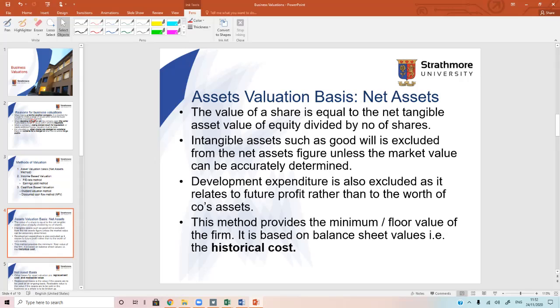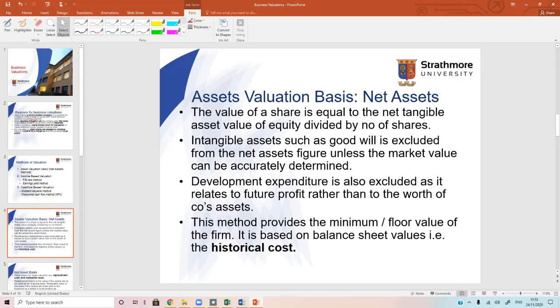Anyway, as I was saying, some intangibles can have market value on their own, for example patents and copyrights. If you own artwork, software, or copyrights to, let's say, books, it is possible to sell them off in the market.